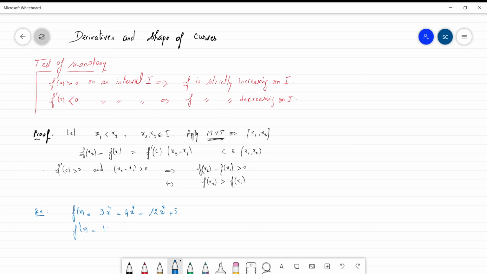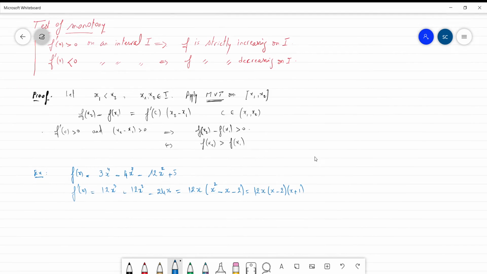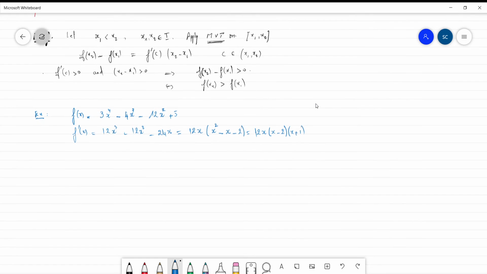It's 12x^3 minus 12x^2 minus 24x. We have 12x as a factor, so we get x^2 minus x minus 2, which we can factor, and get the following factorization: 12x times (x minus 2) times (x plus 1).